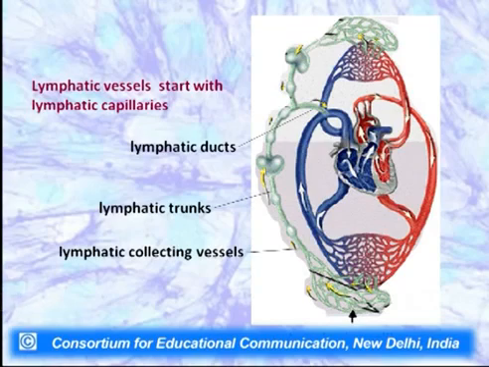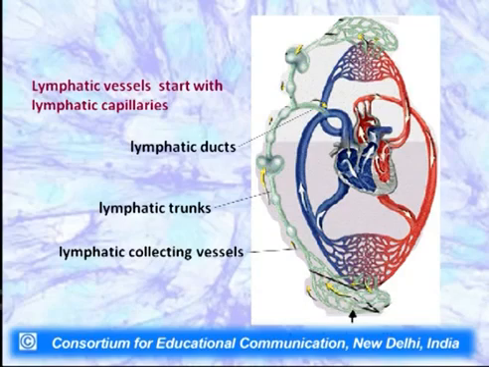These lymphatic capillaries join to form lymphatic collecting vessels, which become bigger vessels and form lymphatic trunks. The lymphatic trunks finally lead to lymphatic ducts, and as you can see, the lymphatic duct finally drains into the subclavian, the blood vessel, and hence goes back into the heart. So, the entire blood composition is maintained through the lymphatic system.